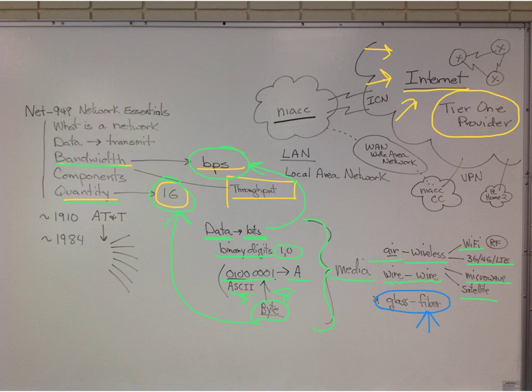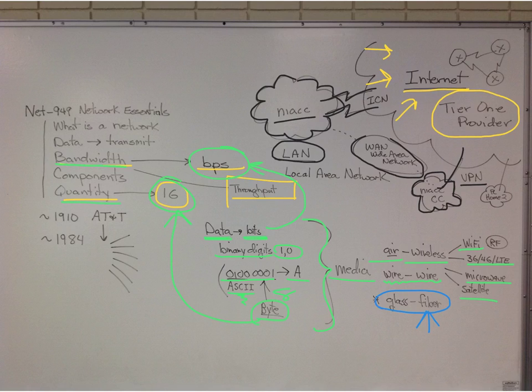Here at NIAC, we have what's known as a local area network, a LAN. It's in one geographical area in which we connect a bunch of devices together. Now, NIAC also has a site in Charles City, and we connect to them through a VPN, actually through the internet. Connecting to another site like that would be called a wide area network, a WAN.